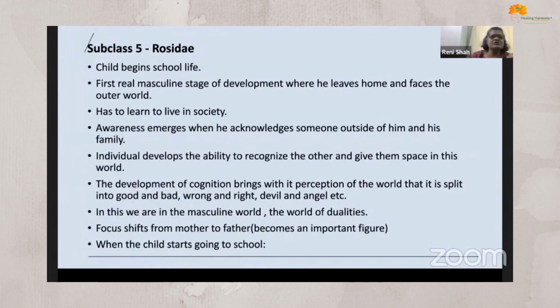So what are the important issues of this Rosidae family? Child begins school life. First real masculine stage of the Rosidae subclass, not family. The first real masculine stage of development, where he leaves home and faces the outer world. They have to learn to live in society.